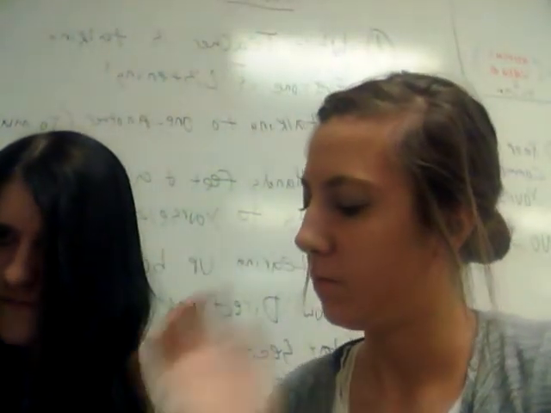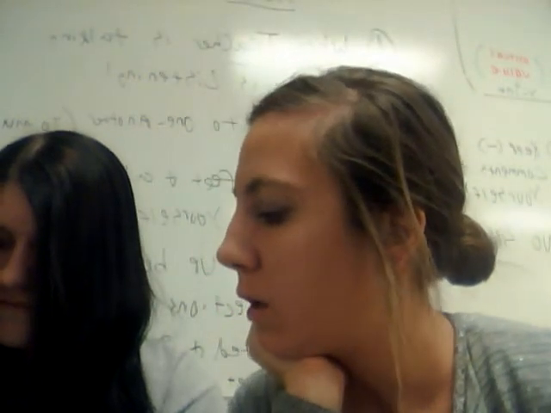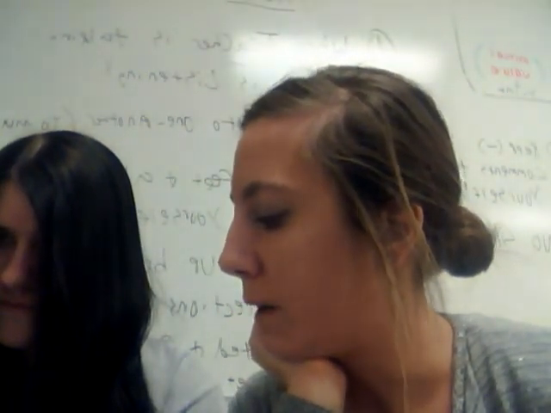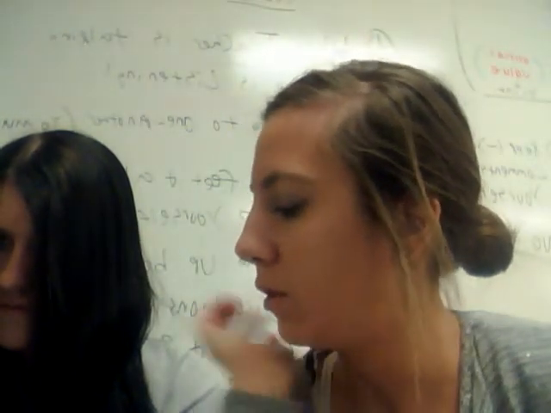Let's try this one. So it says solve 3x plus 7 equals y minus 5, and we're solving the equation for y. So how would you set this problem up?